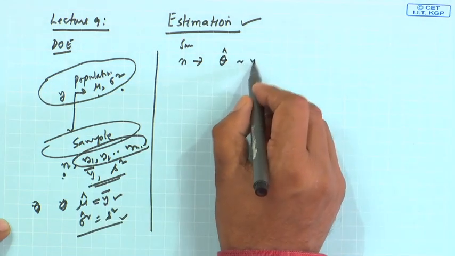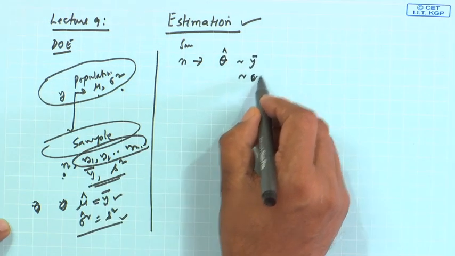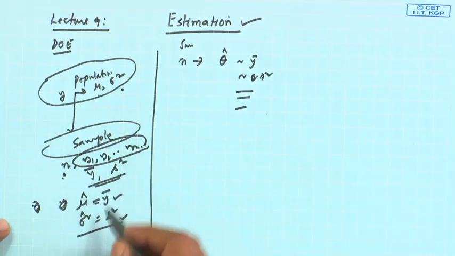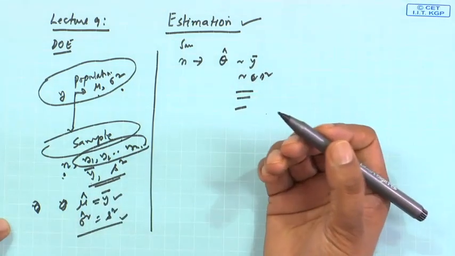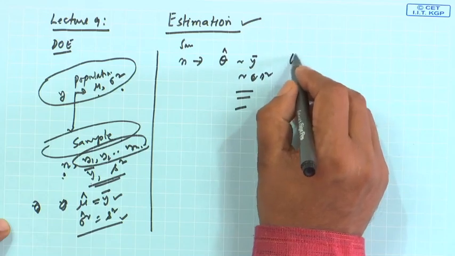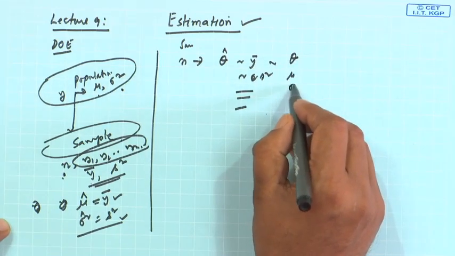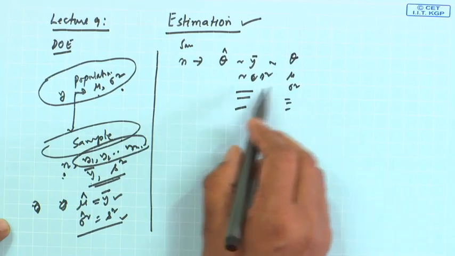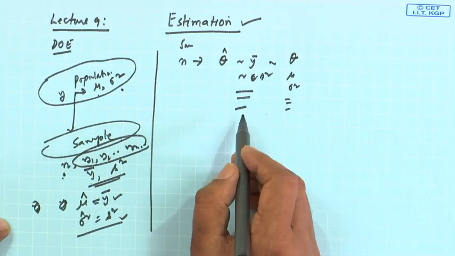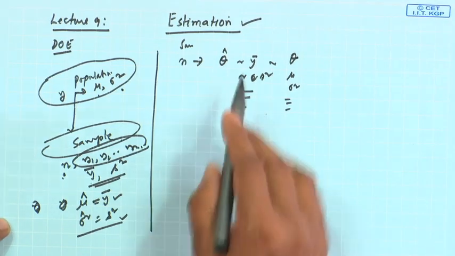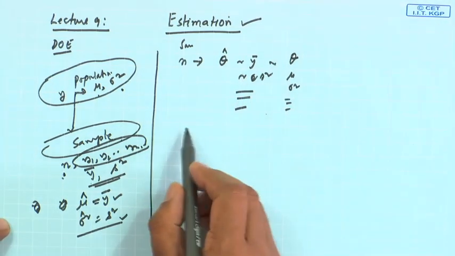This can be y bar, can be s square, can be something else, and the corresponding population parameter theta can be mu, can be sigma square, or others for which the statistic is computed. This is a point, one value you get.